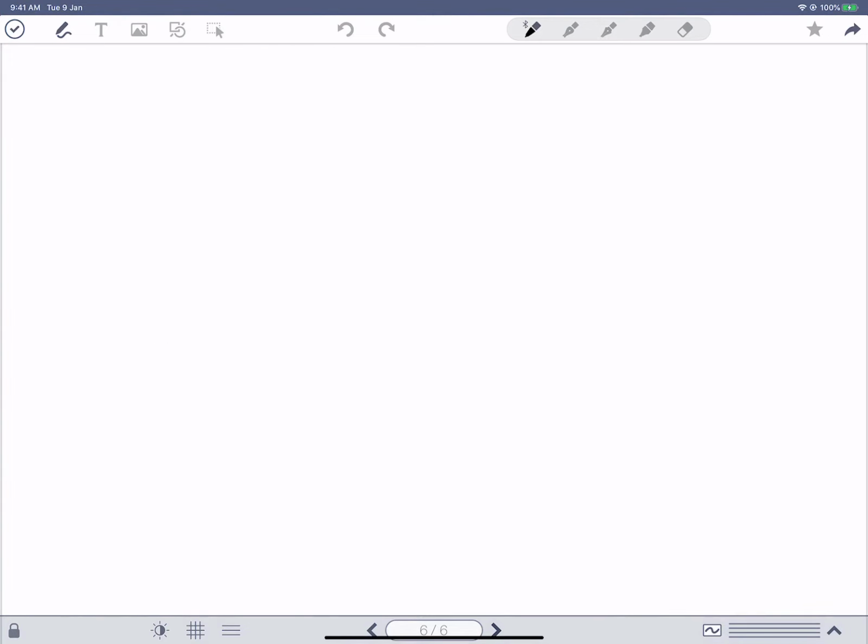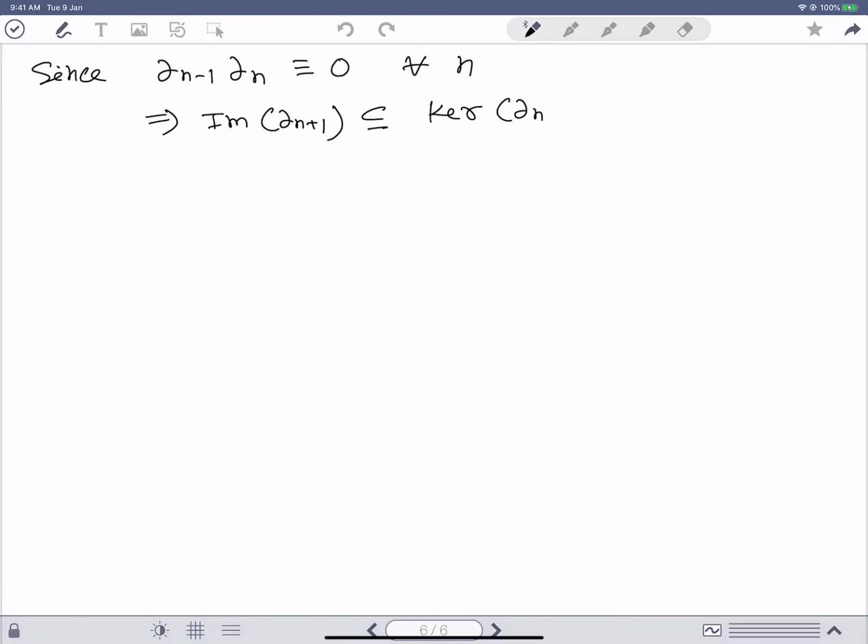Now since del n minus 1 del n is identically 0, and this is true for all n, you can check that image of del n plus 1 is a subset of kernel of del n. Why?